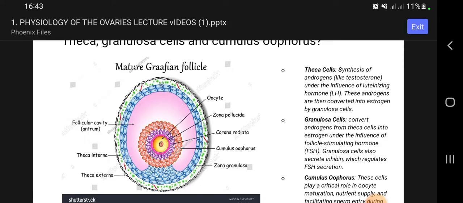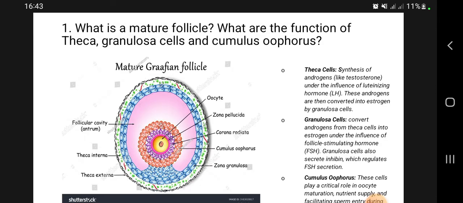These cells convert the androgens produced by the theca cells into estrogen under the influence of a hormone called follicle stimulating hormone. This is where we find the aromatizing enzymes. Aromatizing enzymes help to convert androgens into estrogen.